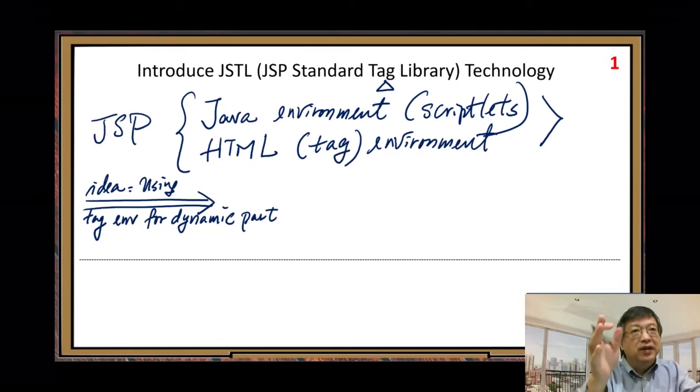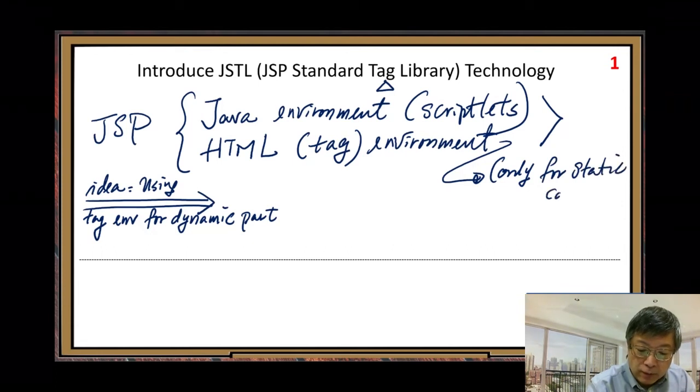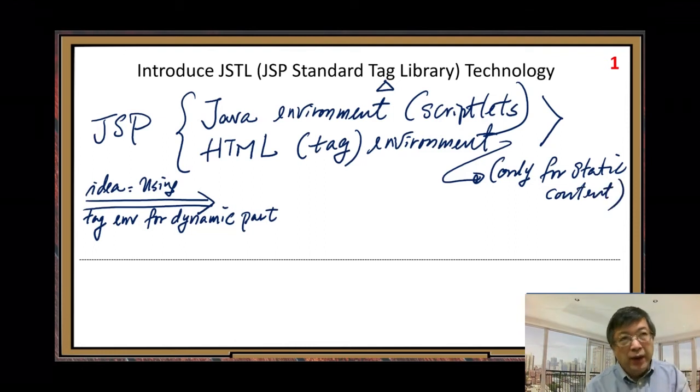Because currently the HTML tag environment is only for static content. And we know the power of JSP is mainly in dynamic content. All right.